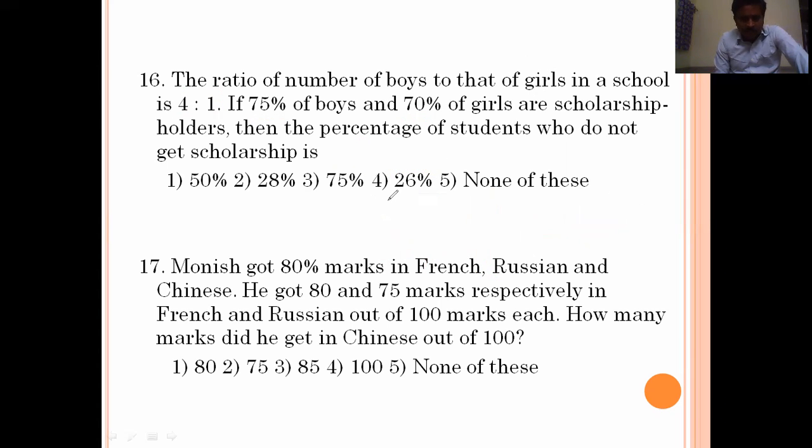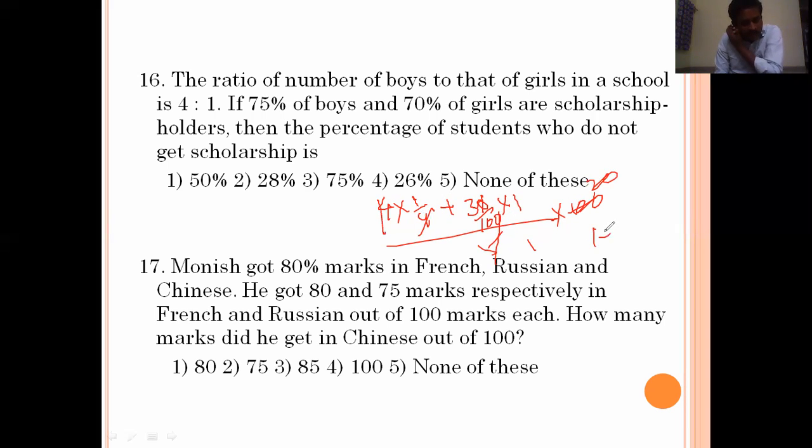We'll see once again. Here in these 4 parts, 25%. 25% means 1 by 4, plus 30% means 30 by 100, into girls which is 1 part divided by 5, into 100. 4 and 4 get cancelled, 1 plus 3 by 10, into 20.